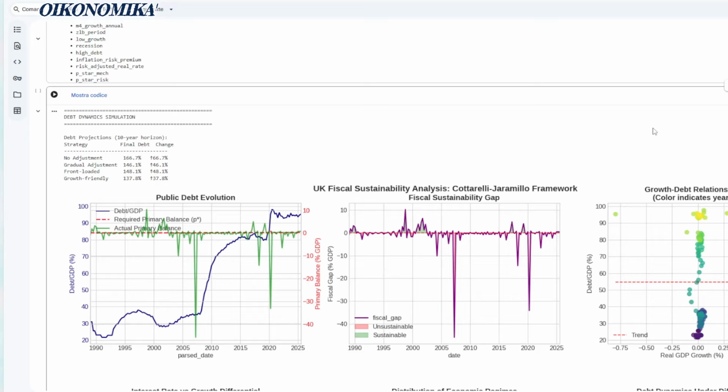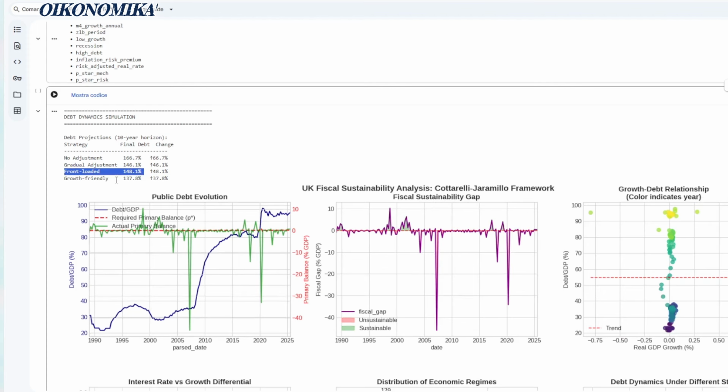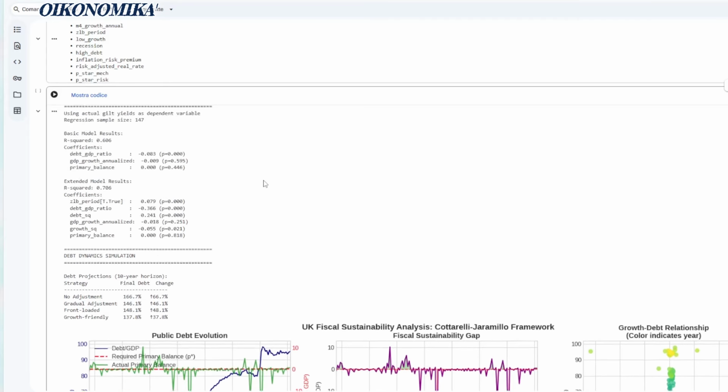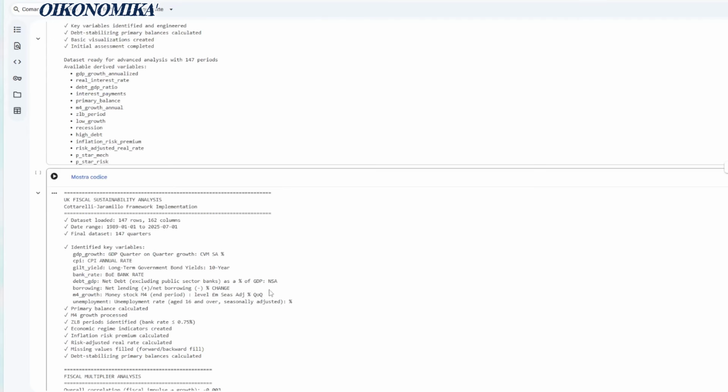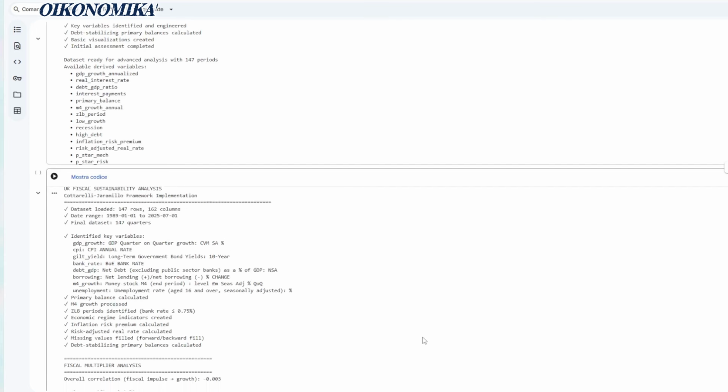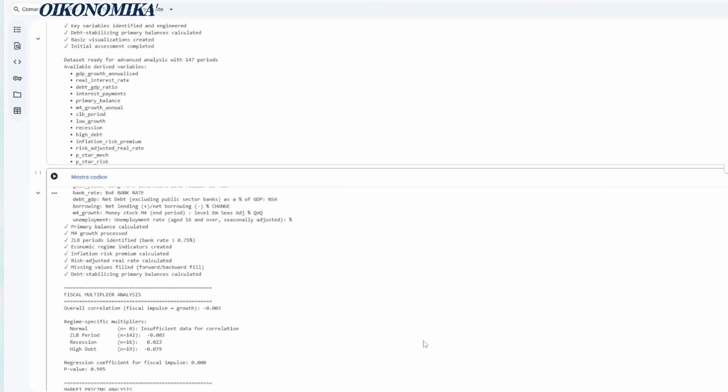So they are front-loading the expenditure and back-loading the fiscal consolidation. But this method leads to a high debt to GDP ratio compared to a growth-oriented or a gradual adjustment in fiscal consolidation. So front-loading fiscal policy, according to the Cottarelli-Jaramillo framework, is not a good idea, my dear.